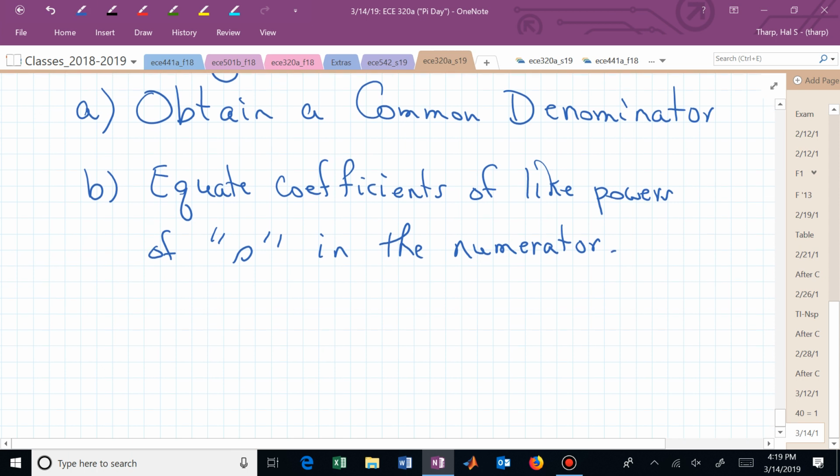That might give us 3 coefficients and 3 unknowns. We know how to solve that. Might give us 4, depending on the power or the order of that numerator polynomial. Step C is to solve those equations for the unknown coefficients.